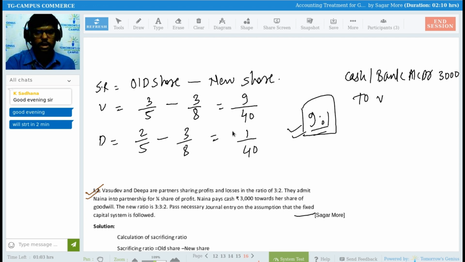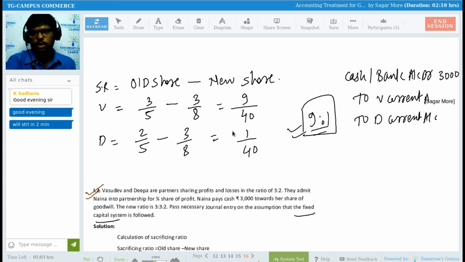Fixed capital method is followed, so we have to credit the current account. Vasudev's current account, right, Sadhna? So 3,000 in the ratio of 9:1. Tell me. 2,700 and 300. Simple, right, Sadhna?